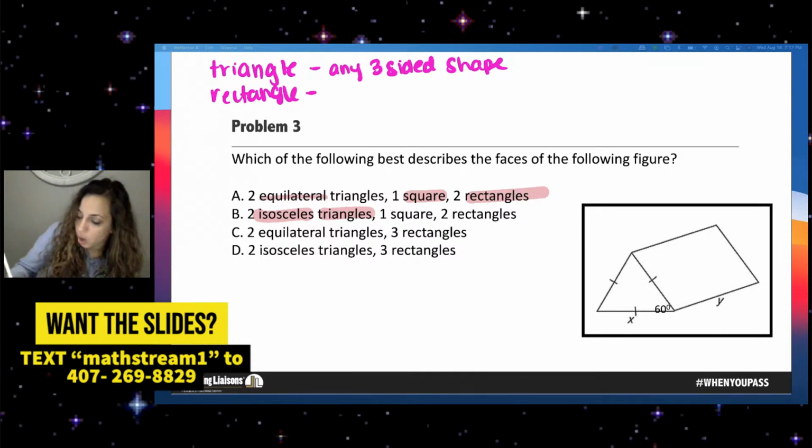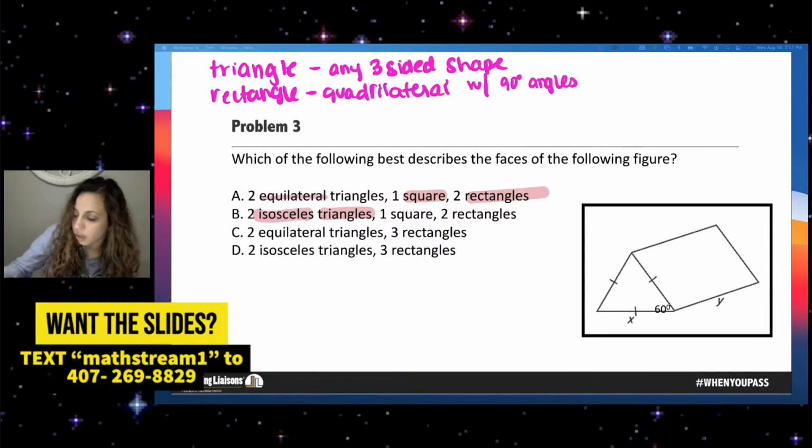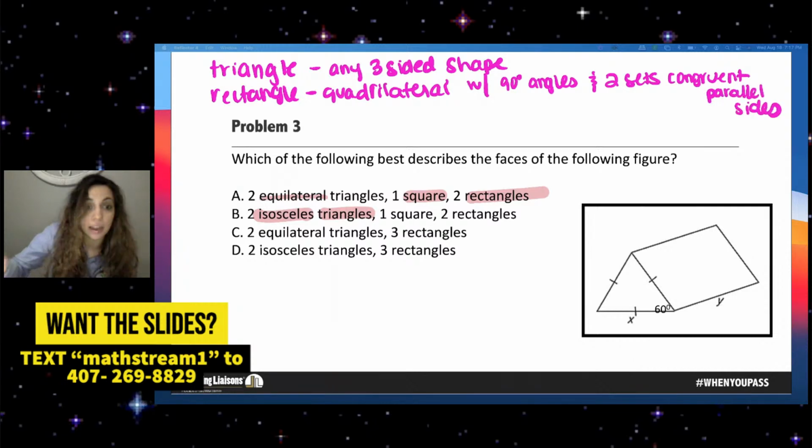So it's a quadrilateral with 90-degree angles and 2 sets of congruent parallel sides. That's a lot of vocabulary in one definition.